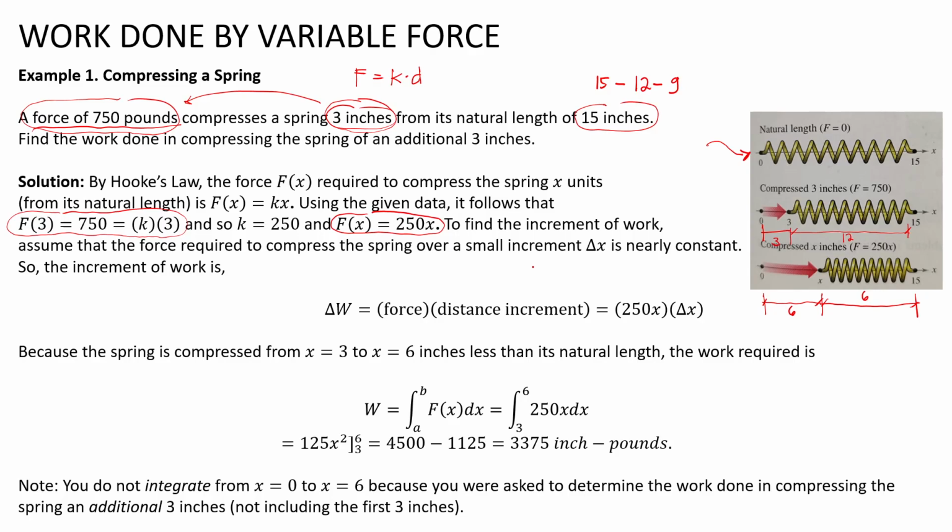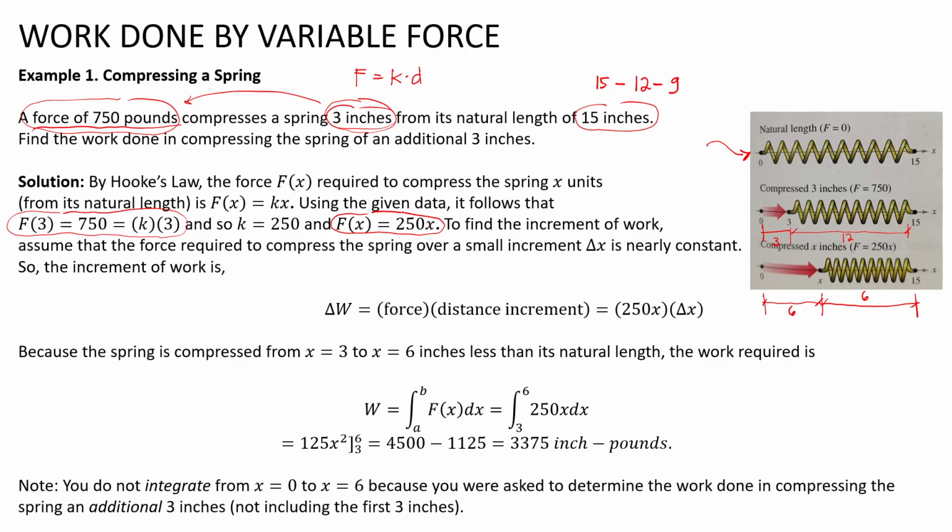So F = 250x. Regardless of the distance that you compress your spring, that will be the formula for the force generated by the compression. For example, since it's 3 inches, the force generated compressing 3 inches is 750 pound force. If 4 inches, then 4 times 250. If 5, and so on and so forth.